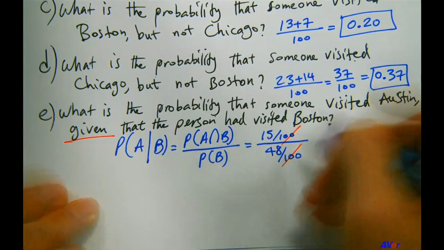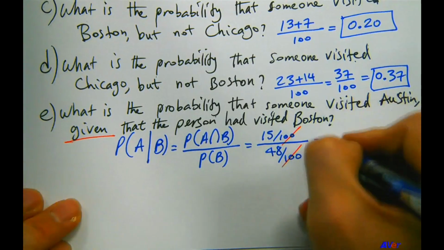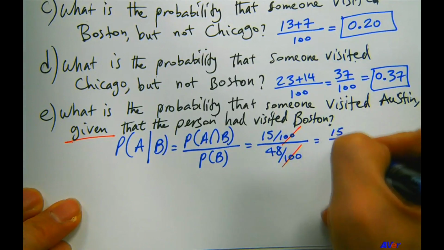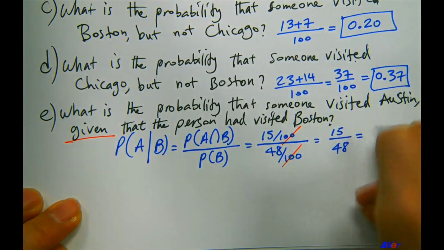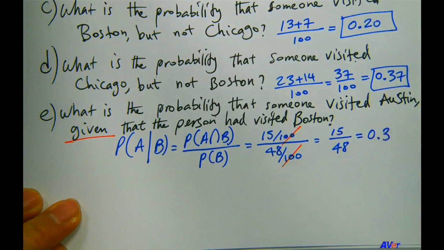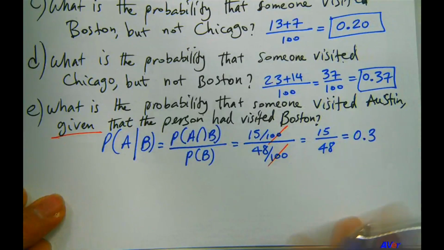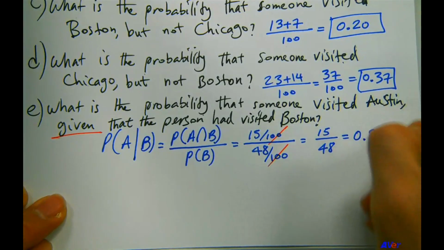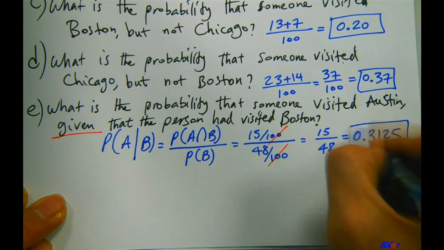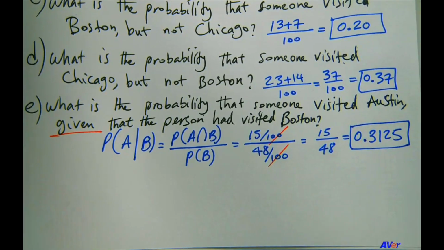So the 100s cancel out. We end up with 15 divided by 48, which is equal to 0.3125 carried out to 4 decimal places.